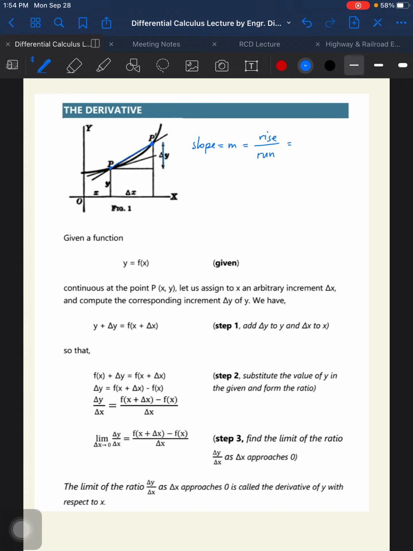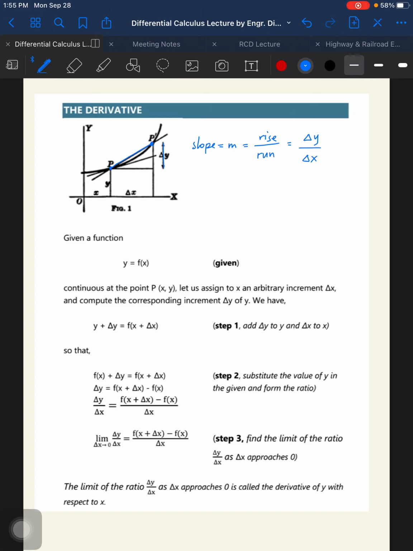It is represented by delta y. So from point P to point P prime, the change vertically is delta y, and the change horizontally is delta x. So basically the ratio of delta y over delta x is your slope.